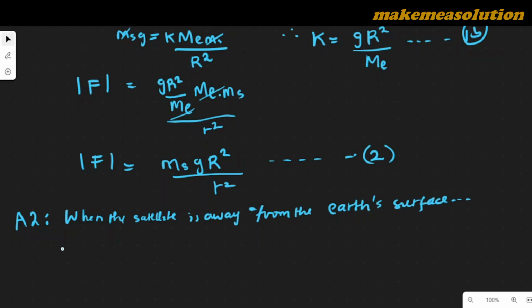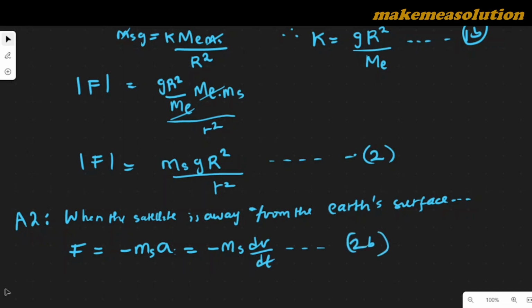When the satellite is away from the earth's surface, the force this time around, the absolute value of the force, I'm not going to use the magnitude because we need to take note of the vectorial sign. The force with which it is moving is actually minus ma. Remember our sign convention. So m is the mass of the satellite, a is the acceleration of the satellite, and acceleration is the rate of change of velocity. So we have mass of satellite times dv dt. So this is equation 2b.